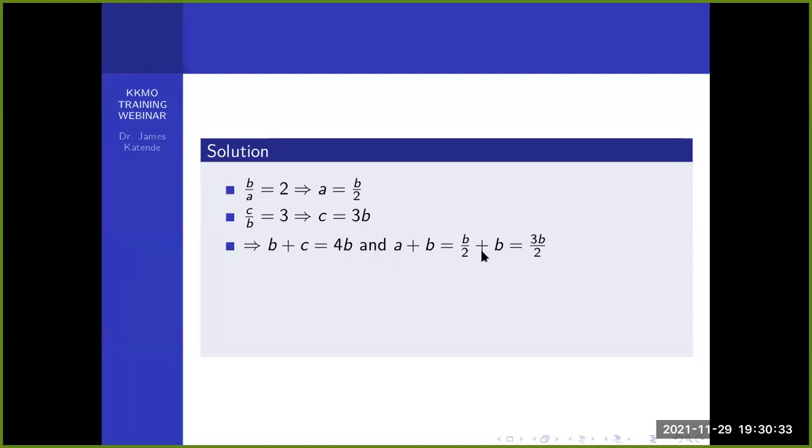And A plus B will be equal to B over 2 plus B, and that simplifies to 3B over 2. So if you get the ratio of A plus B over B plus C, this is what you obtain, and it simplifies to 3 over 8. So this one was worth attempting, I think. It's not too involving.